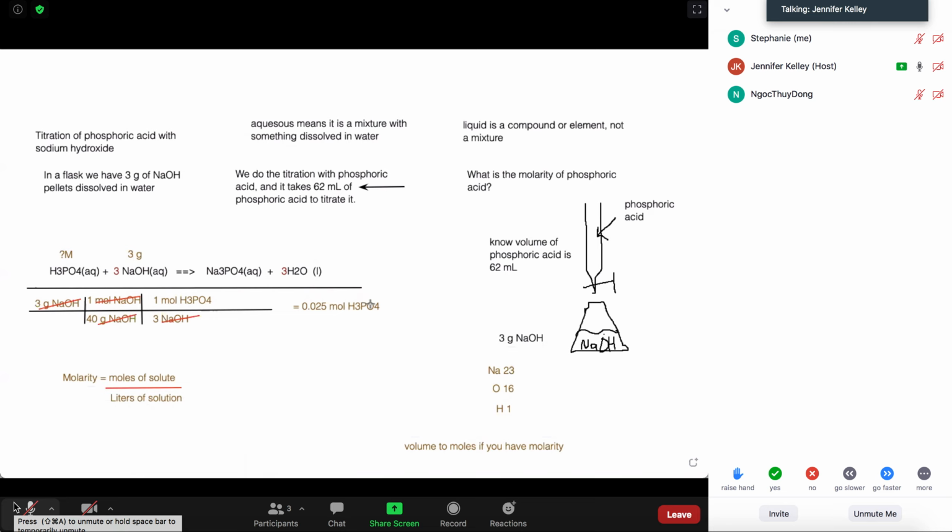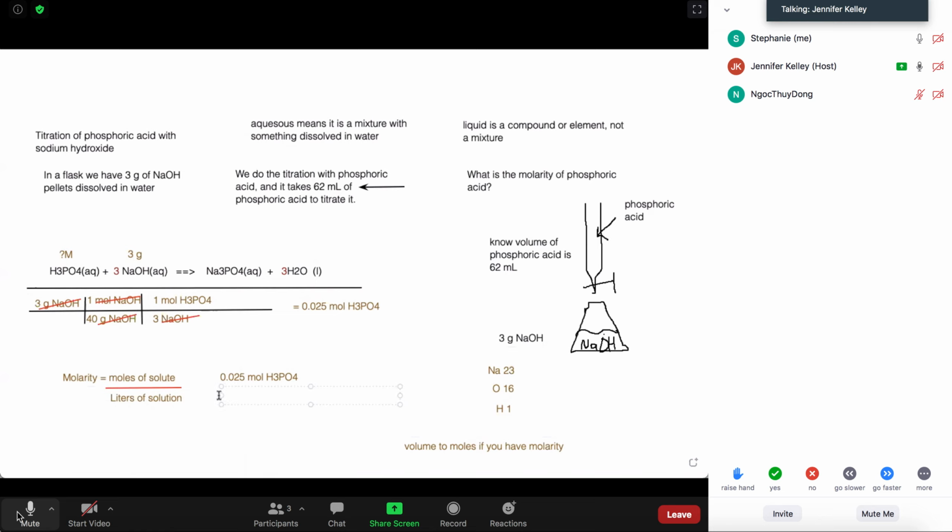So our solute for the phosphoric acid is the phosphoric acid itself. So that's going to be 0.025 moles of H3PO4 is our solute. And then liters of solution, we've got that we have 62 milliliters.